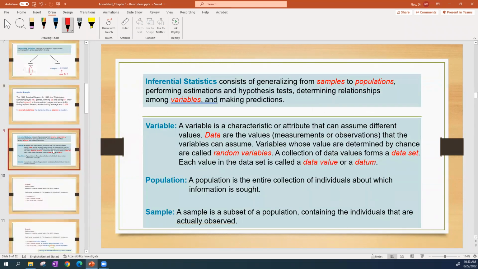Let's look at the other area for statistics, inferential statistics. Inferential statistics consists of generalizing from samples to populations, performing estimations and hypothesis tests, determining relationships among variables, and making predictions.